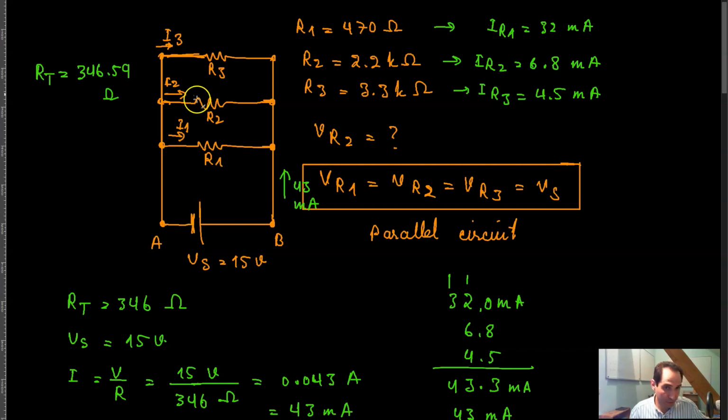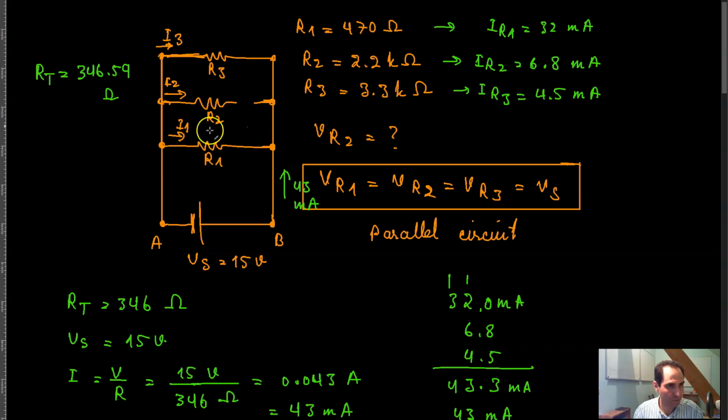In the exact same example, suppose that resistor R2 opens up, meaning that you cut this wire over here, and resistor R2 is out of the circuit. Now what would happen to the current through the other two resistors?